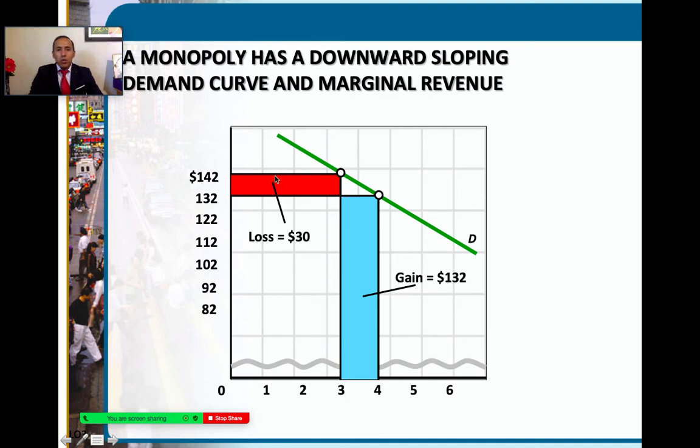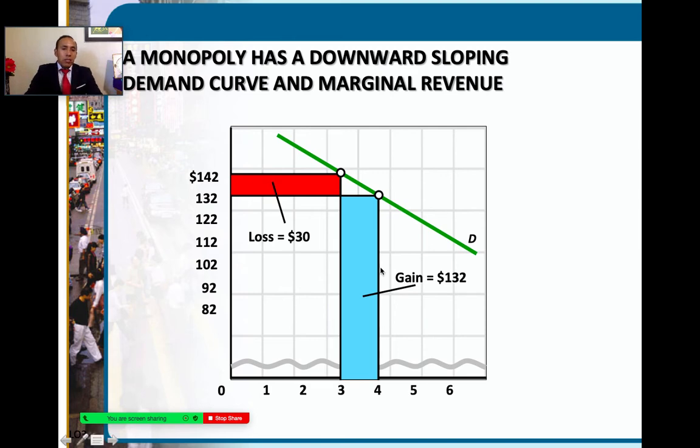That will be the total revenue of the firm. And if the firm decides to lower the price from 142 to 132, the new revenue will be $132 times, in this case, 4 units, and it will give us a new revenue.